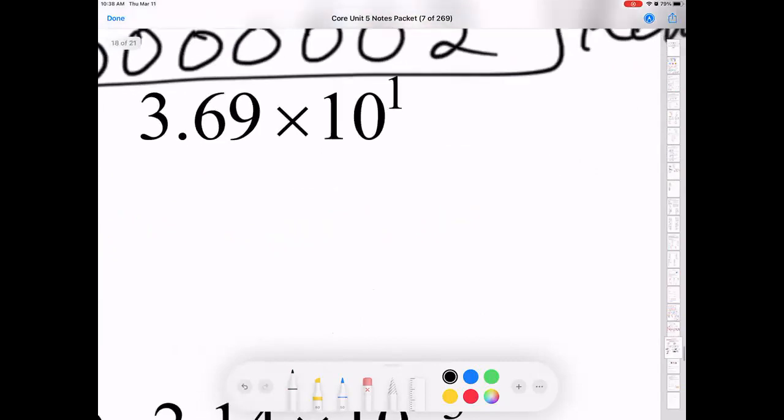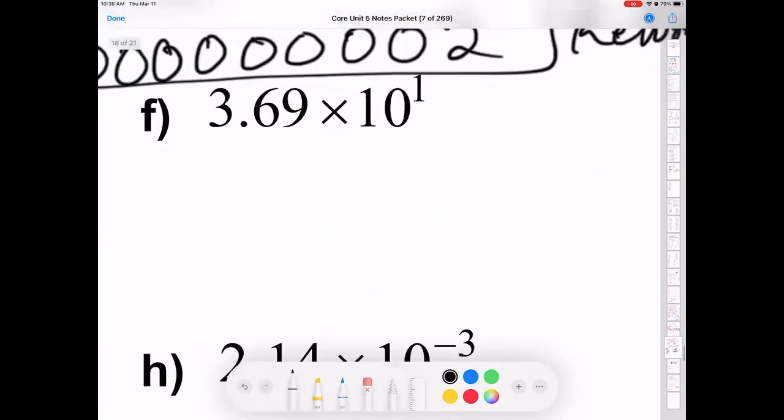Now, what happens when you have something times 10 to the first? So we have 3.69 times 10 raised to the first power. Well, that number 1 is still a positive 1, right?